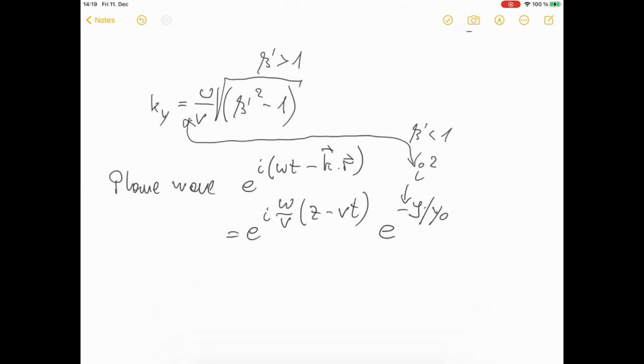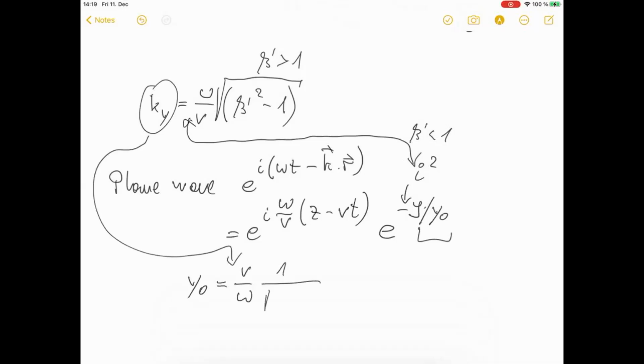And because we wrote this in the denominator, we immediately find y0 is now, I need to invert the k naught here. It is therefore v over omega times 1 over square root of 1 minus beta prime squared. So this is the reach. This is real if beta prime is smaller than 1.